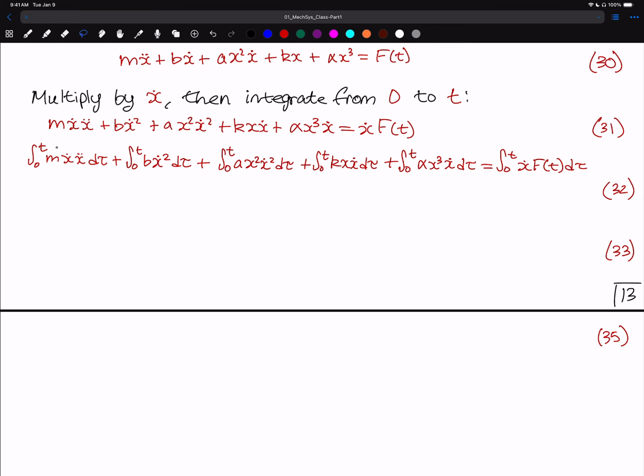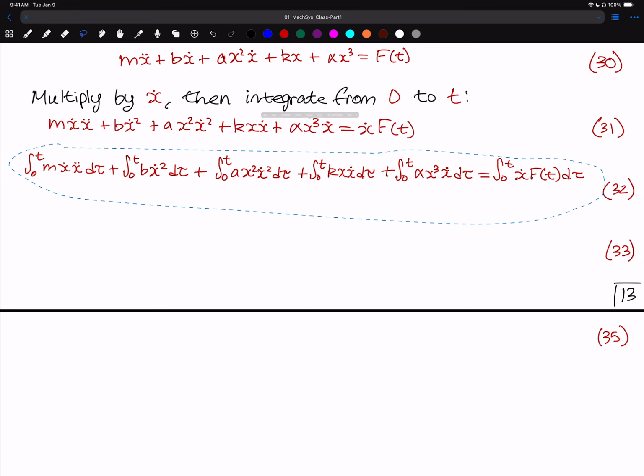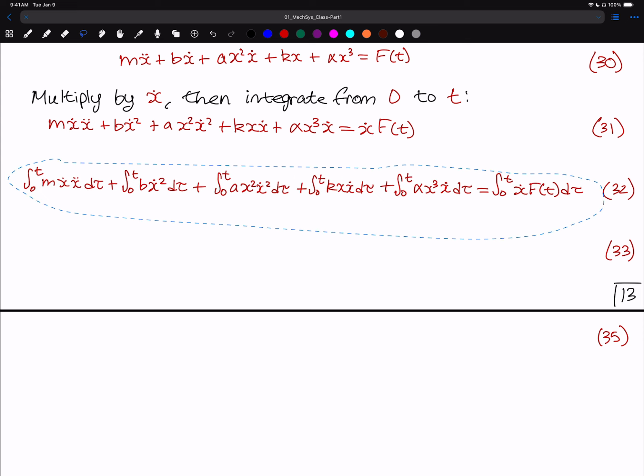And this is actually our equation 32, so I'm going to drag it down here. Okay, so this quantity right here is equivalent to d over dt of 1/2 x dot squared, which is what we saw previously.